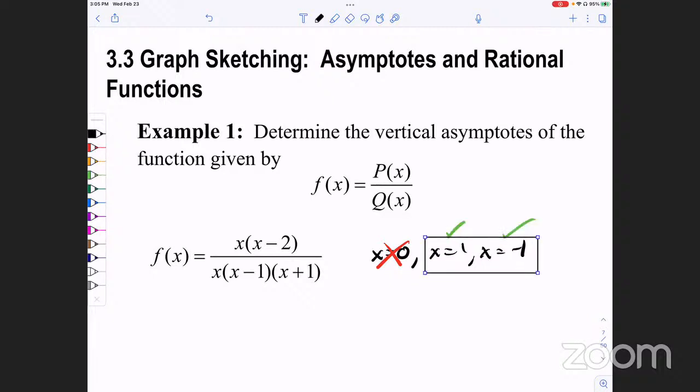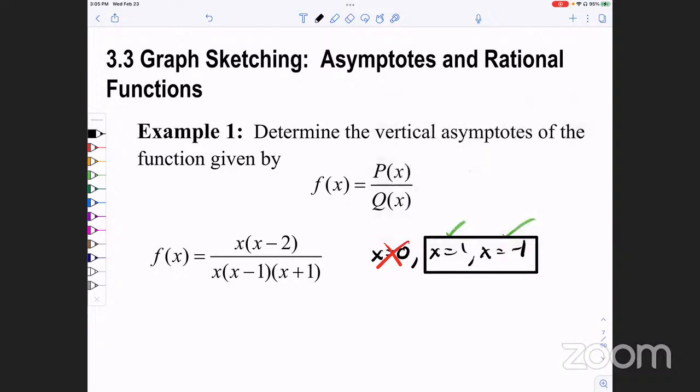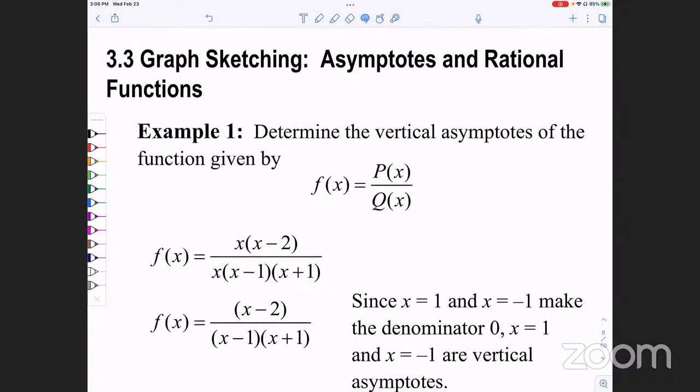But when we simplify, the term that produces x equals 0 gets canceled out. So that one's not a vertical asymptote. Okay. So since 1 and -1 make the denominator 0, x equals 1 and x equals -1 are vertical asymptotes.